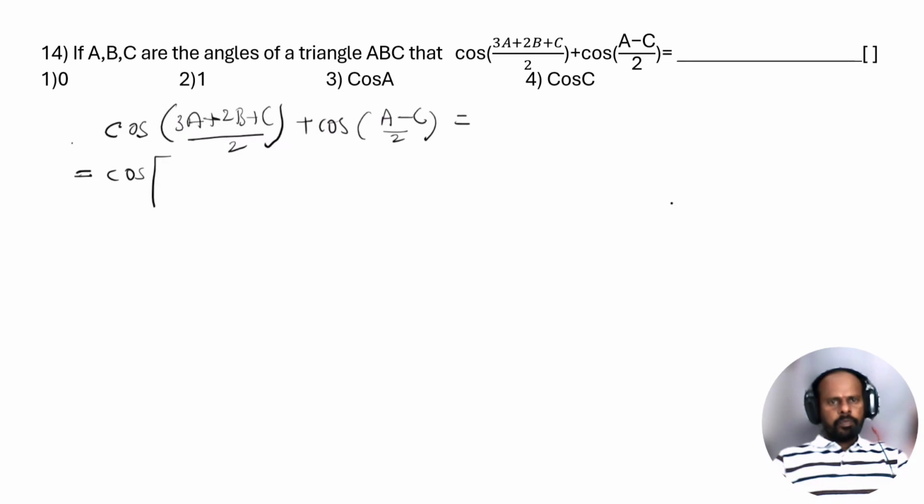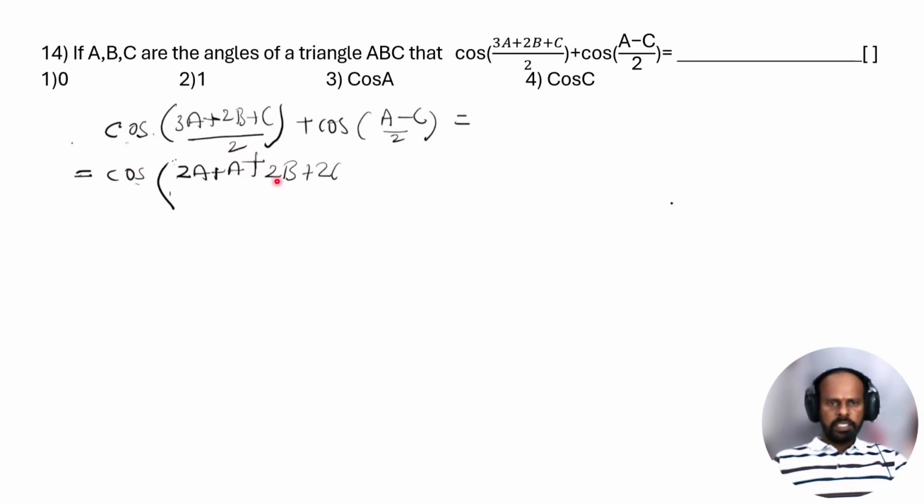Next, if you observe this question, cos 3a plus 2b plus c by 2. Here you see 3a I am writing as 2a plus a, 2a plus 1a, 3a, and 2b I am writing as same as it is.